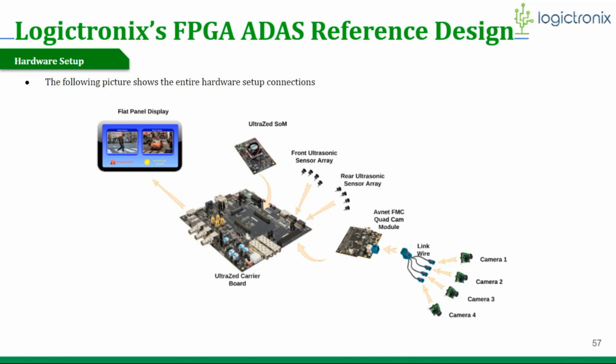And there will be the UltraZed SOM. So all of the processing part and programmable logic part will be here. All the implementation will be done here. And finally, DisplayPort will be used to connect all of the output to the flat panel display.